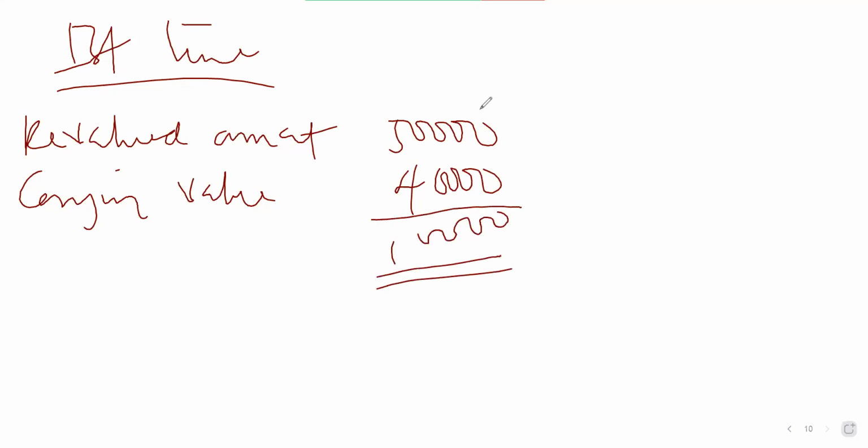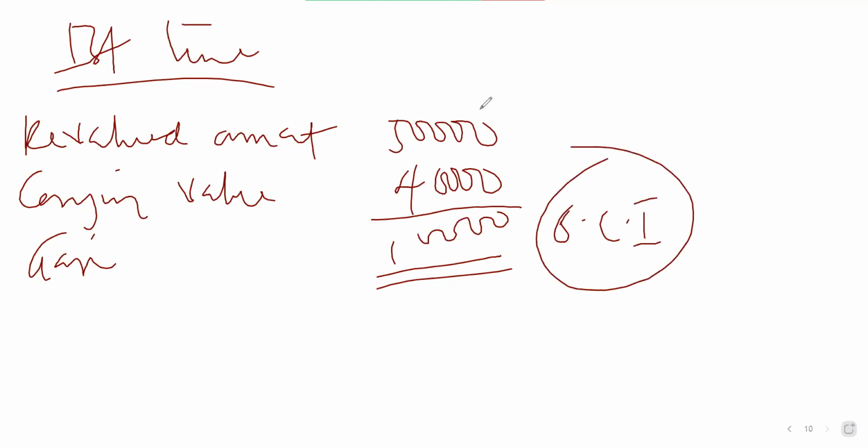Where would this gain go? To other comprehensive income. Why should it be other comprehensive income? Because it's the first one. So this is the first revaluation gain. If there were a previous, maybe a loss or something, it would probably offset it. But because it's the first one, that's why you send it to other comprehensive income.